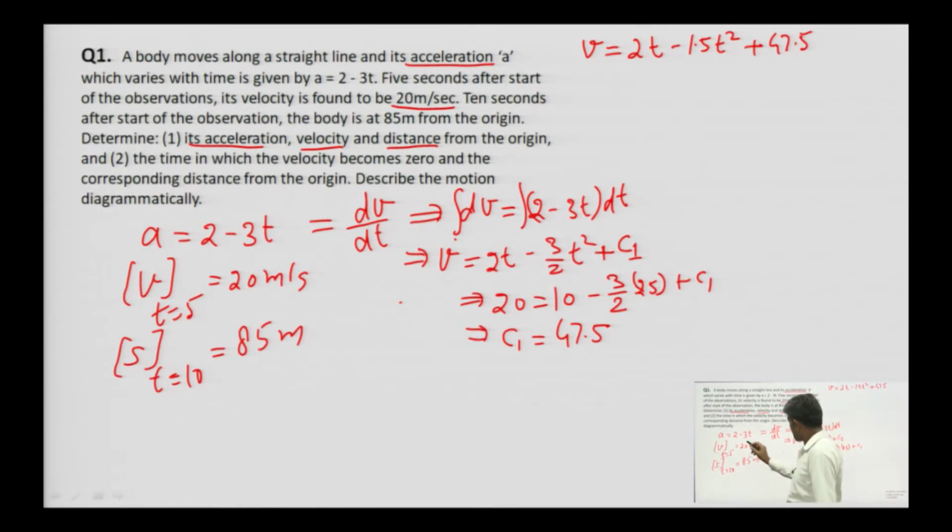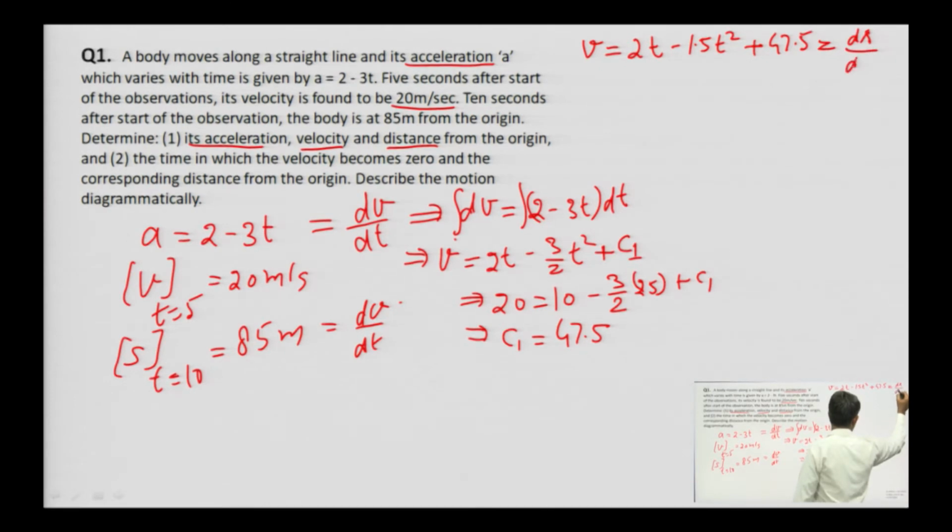A similar equation we need to derive for s also. So, how will it be? We know that velocity is ds by dt.